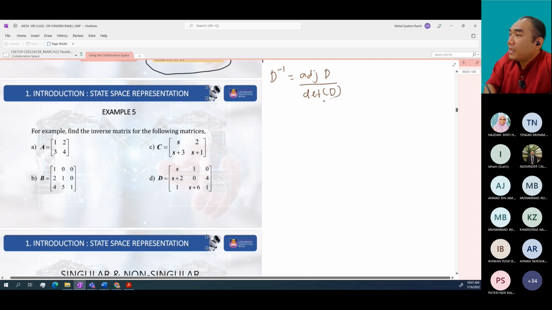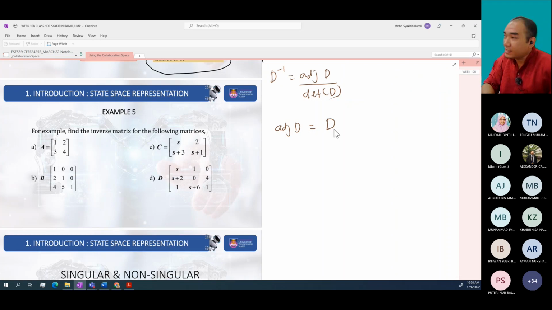Okay, and then to find the adjoint of the matrix D is simply equal to the cofactor matrix of D transpose. Let me put the notation of the cofactor matrix for D. Boleh ke? Notation macam mana Dr. Jidah pakai?